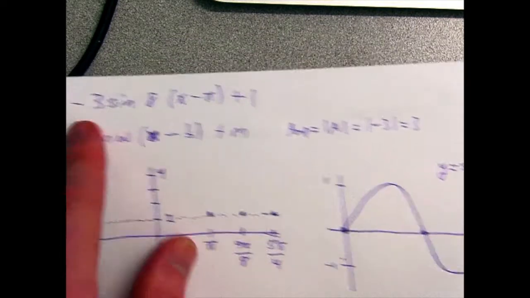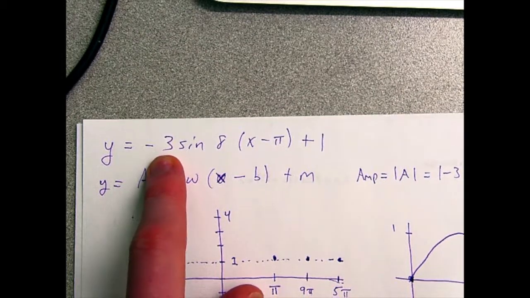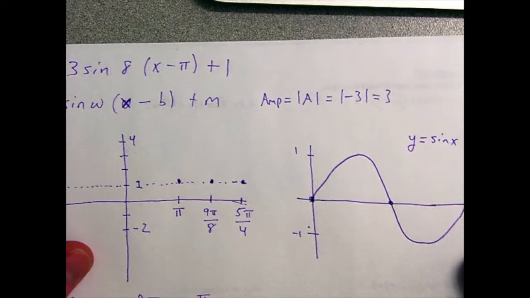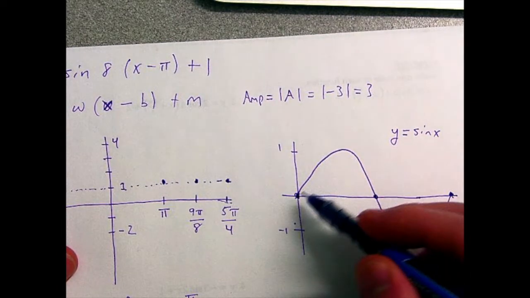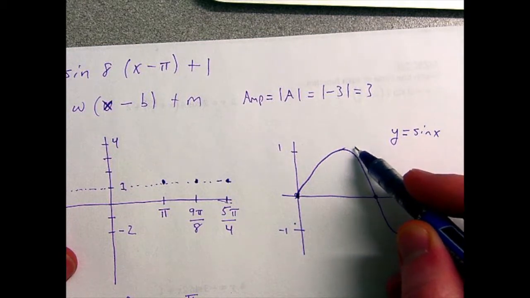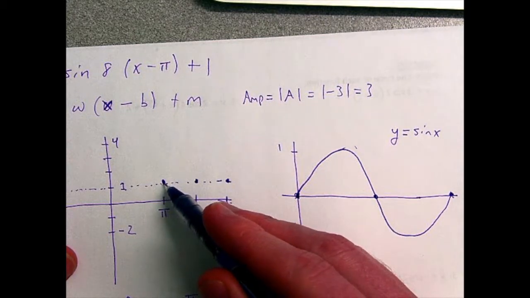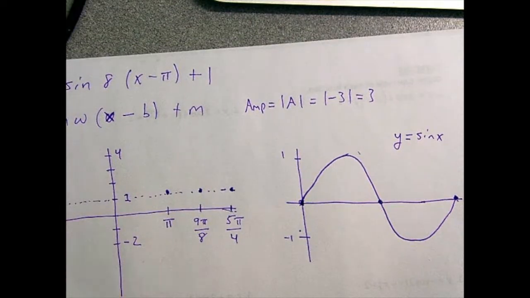The a value that we have here is negative, a -3, which indicates that our graph is going to be upside down compared to the basic sine graph. The basic sine graph begins by going up as you move to the right, but since ours is upside down, it's going to move down as you start the graph. So let's draw it carefully.